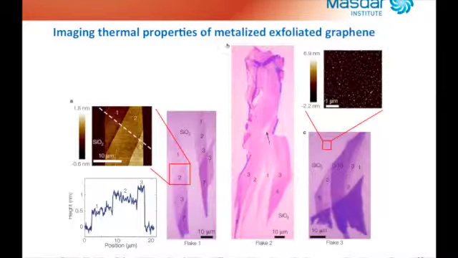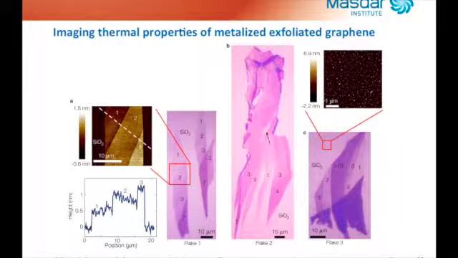So we decided to actually explore the limitations of such a technique by applying the same technique on very thin layers. So for this purpose we use graphene, and the idea was to determine the thermal properties of graphene depending on the layer. In addition to that, we wanted to determine how the thermal properties of graphene change when we coat graphene with a metal.